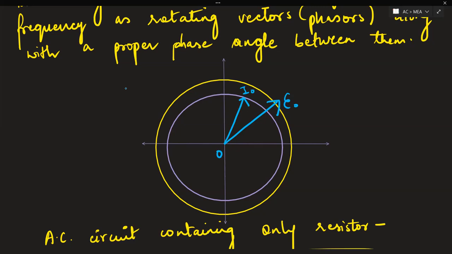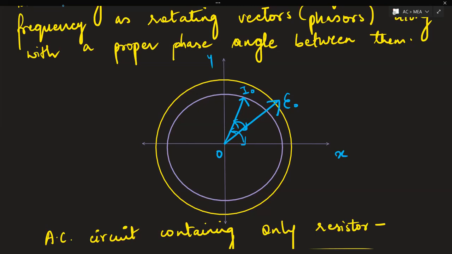Using this circular diagram, you will be able to analyze that the current is leading, the current is in front of this. So we are able to analyze the frequencies and proper phase angle. You will be able to get the phase angle between these two, as well as the phase angle with respect to the x-axis or the y-axis.